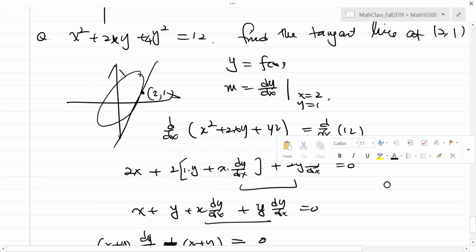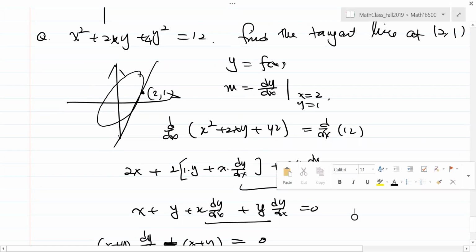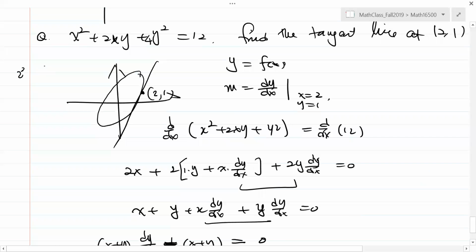So I take 2 out. That's okay. The part I missed was the 4 here. So when x equals 2: 2 squared plus 2 times 2 times y plus 4 times 1 squared should be 12. So that's why the point with coordinates (2, 1) is a point on the graph.